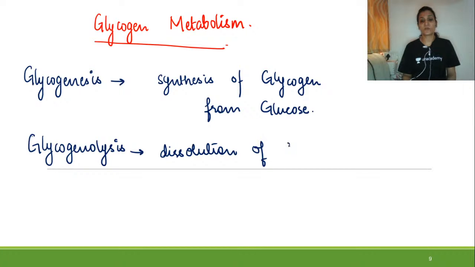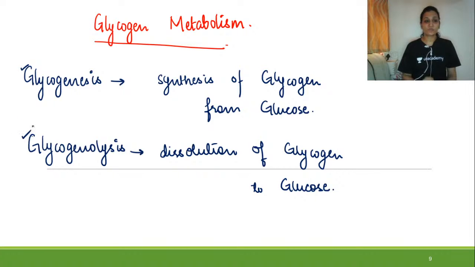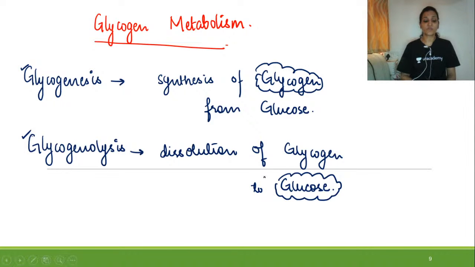The two things that we will be studying in glycogen metabolism are glycogenesis and glycogenolysis, that is, the formation of glycogen from glucose, and the dissolution of glycogen into glucose. So these things we are going to talk about in this.